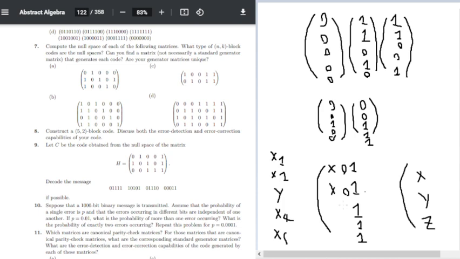Or actually no, because of that, we should have something like this. So z will control that.